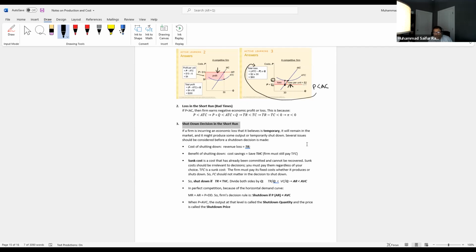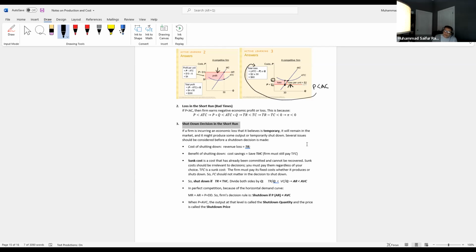Now you might ask yourself, shouldn't any firm shut down at any level of loss? The answer is no. So I am going to talk about two realistic possibilities in a production process. One is that it is possible to earn a loss and still produce, and it is possible to earn a loss and completely shut down. We are going to look at both of these ideas from the perspective of economics.